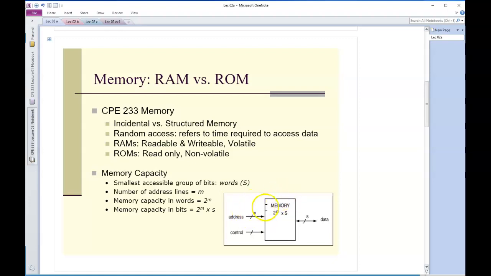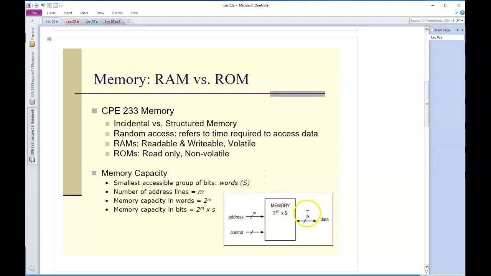This memory has some address lines, a given number of them. That number of address lines determines how many chunks of data the memory can store. It's always an exponential function of 2. So if you have 10 address lines, you have 2 to the 10th possible pieces of data to store.